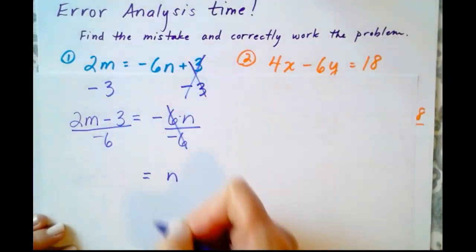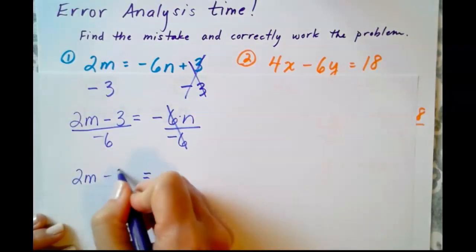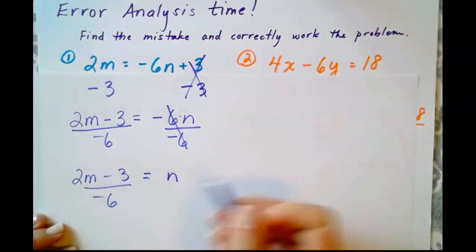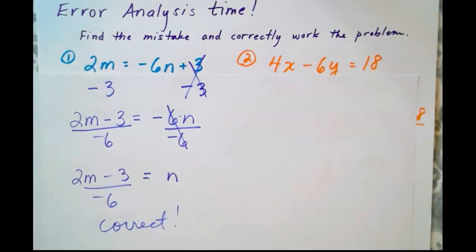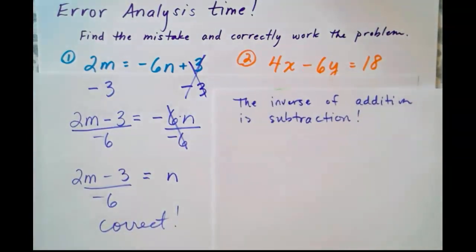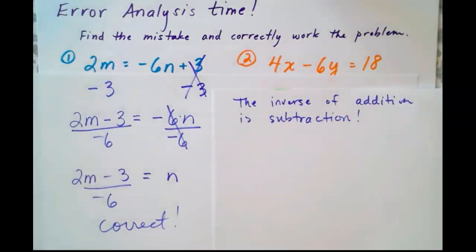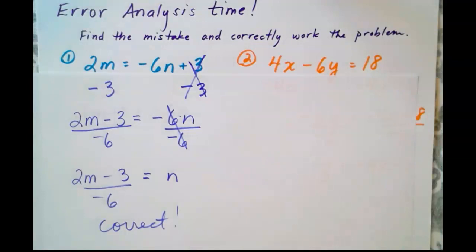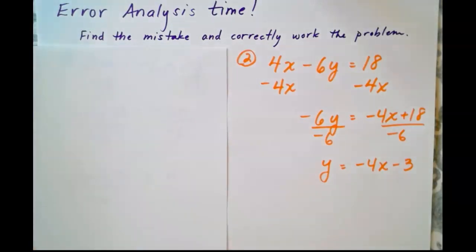I'm trying to keep my equal signs lined up. So n equals 2m minus 3 over negative 6. That is corrected. So once again, just a reminder, the inverse of addition is subtraction. So now, let's take a look at number 2 and see if you can find the error.